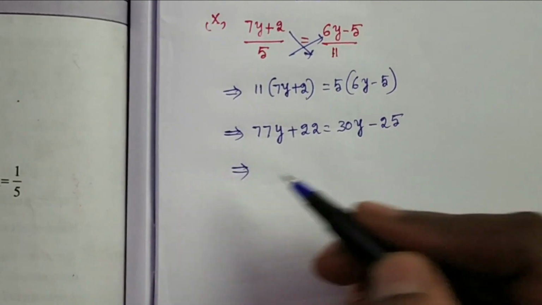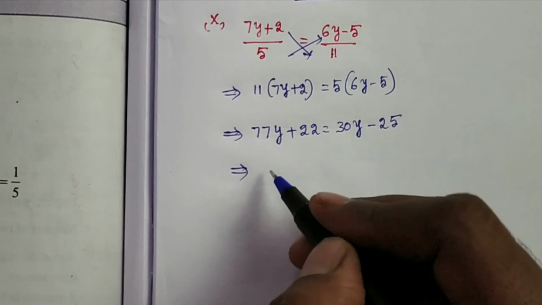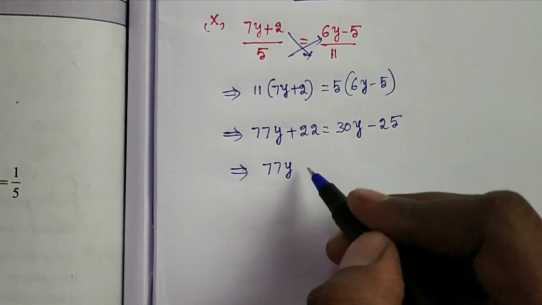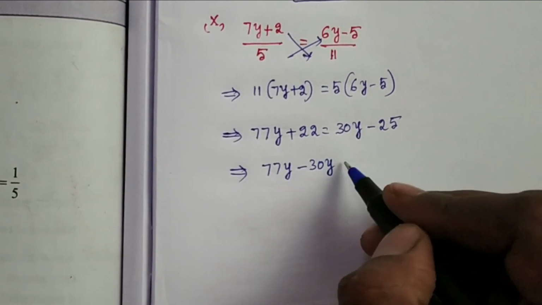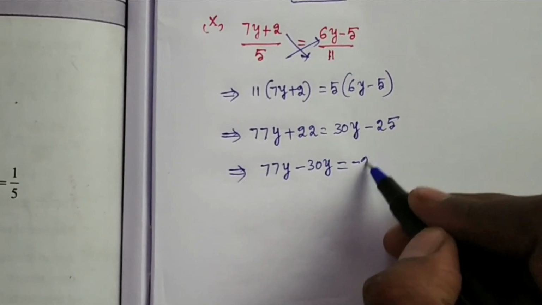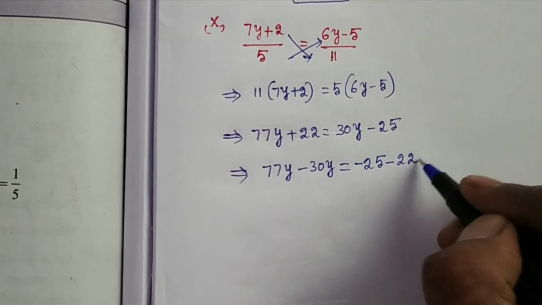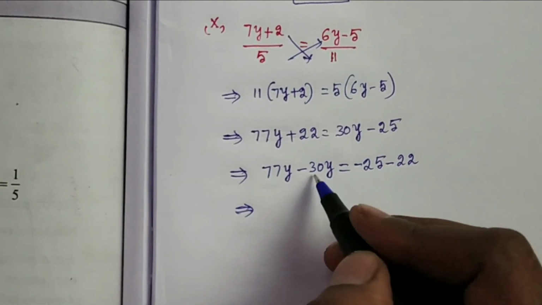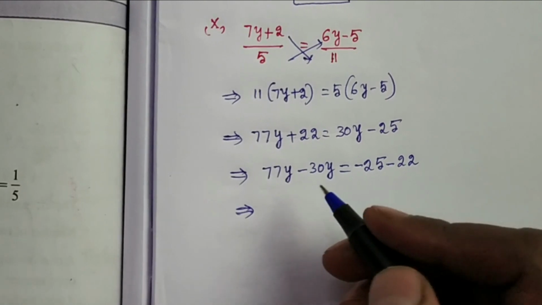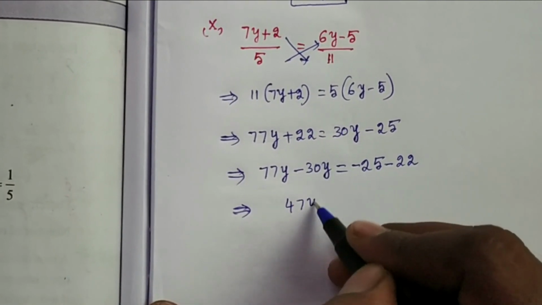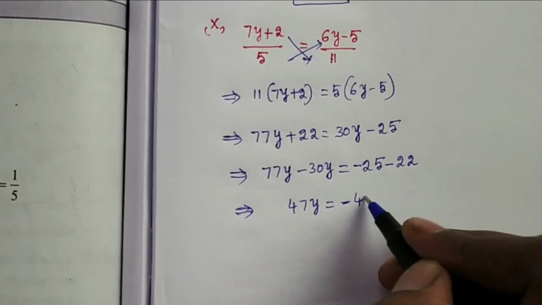Again send y terms one side and numerical terms one side. 77y minus 30y, plus 30y changes as minus 30y is equal to, already minus 25 is there, send plus 22 this side, then it will be minus 22. 77y minus 30y, that is 47y is equal to, this value is minus 47.